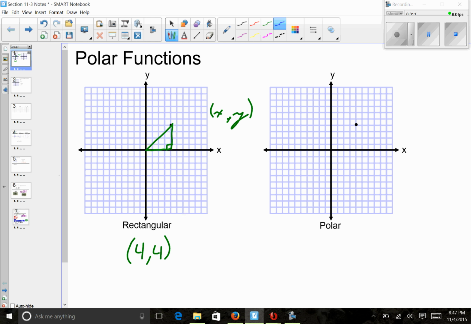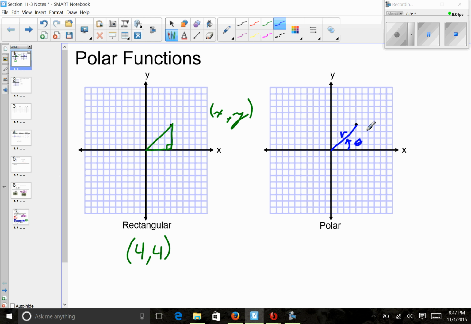Polar functions are a bit different in that instead of talking about moving horizontally and vertically, we go directly from the origin to a point. And what we care about then is the distance away from the origin and then the angle from the positive x-axis going counterclockwise.